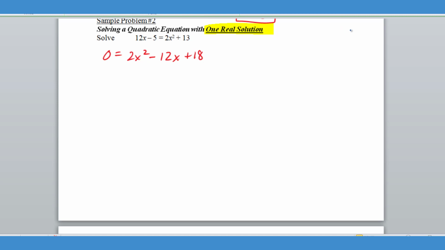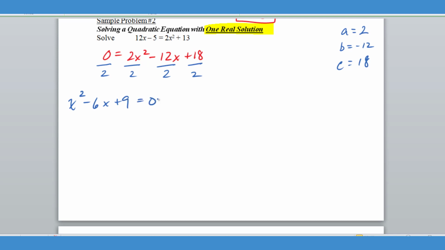And of course, I can identify my a as being 2, my b as being -12, and my c as being 18. However, if I want to make life a little bit easier, what I can do with this particular problem is I can actually divide all parts by 2. And if you recognize that right off the bat, you will then narrow this down to x squared minus 6x plus 9 equals 0.